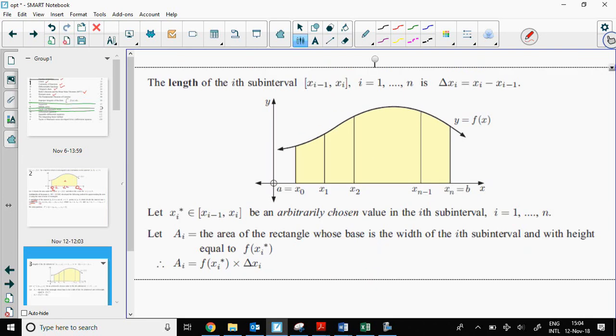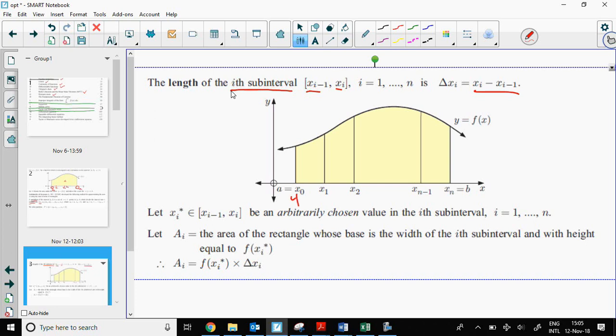Great. The horizontal length of any particular subinterval, here we're calling it the ith subinterval, going from x sub i minus 1 to x sub i. That distance is always just x sub i minus x sub i minus 1. Imagine there are actual numbers here for just a minute.